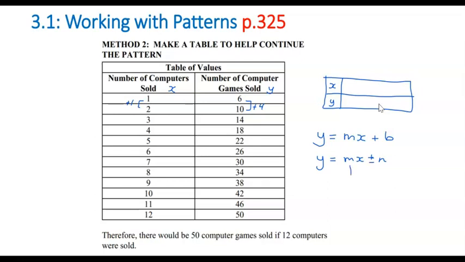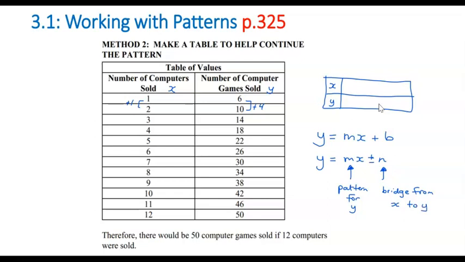What we have for our m is going to be our pattern for y. And the b or the n here, this one I call the bridge from the x value to y.